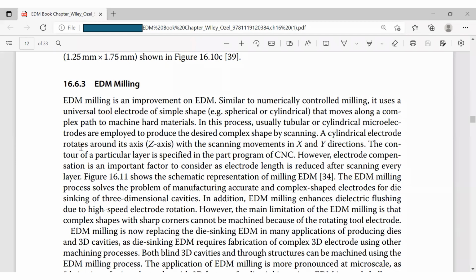So a cylindrical electrode rotates across its axis with the scanning movement in X and Y directions. The contour of the particular layer is specified in the part program of CNC. You need to know that it is a CNC program. However, electrode compensation is an important factor to consider as electrode length is reduced for each scanning layer. So you should know that. The electrode is being worn away also, as happens in machining.